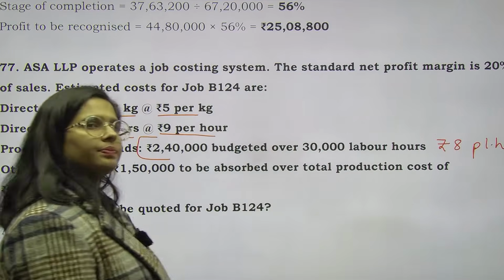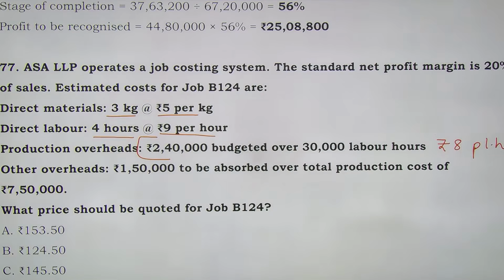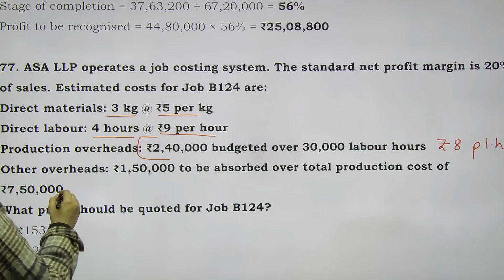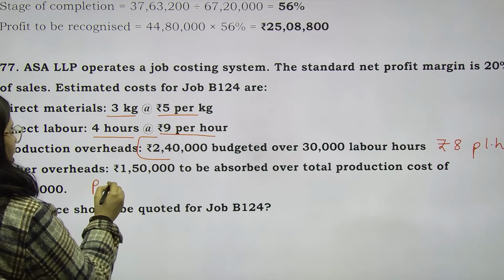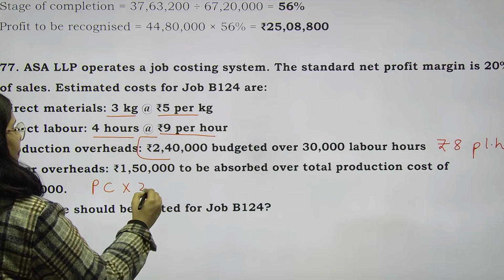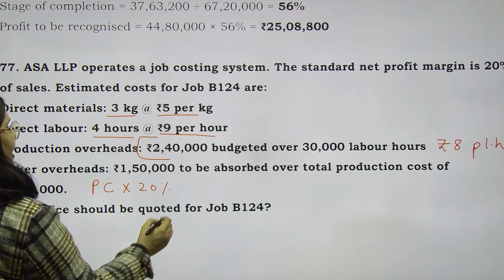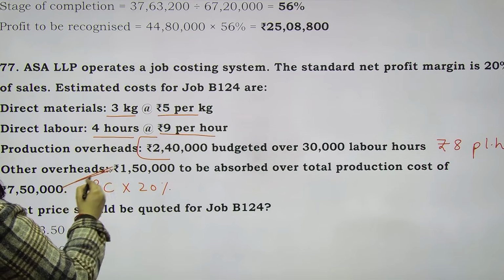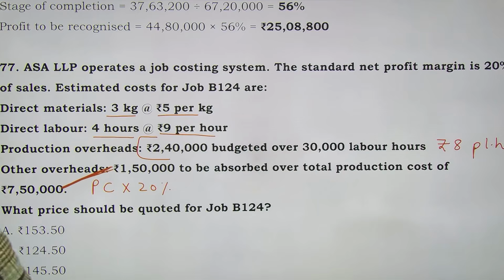After that, other overheads of 1,50,000 has to be absorbed over a total production cost of 7,50,000. That means whatever your production cost is, 20% of that. How do I calculate it? See the percentage relationship between these. Other overheads 1,50,000 has to be absorbed on a total cost of 7,50,000.